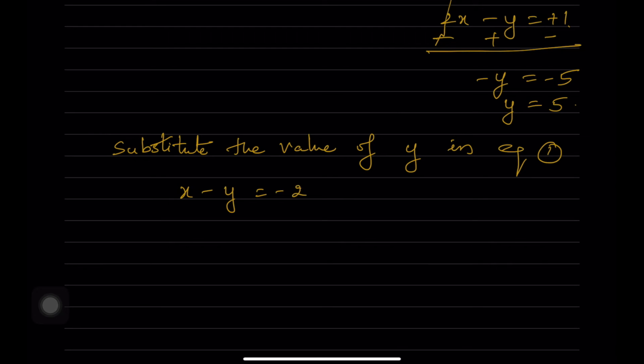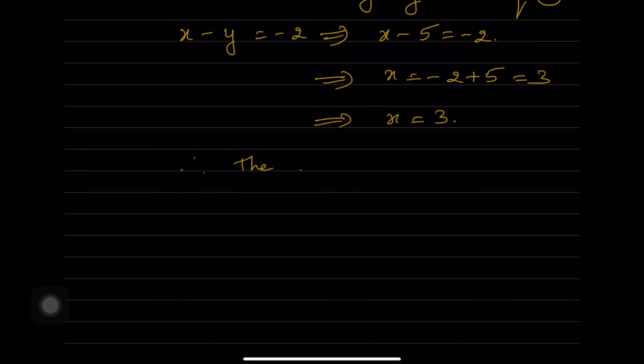So substitute the value of y in equation 1, that is x - y = -2, which means x = 3. So we got the answer, x = 3 and y = 5. Therefore the required fraction is 3/5.